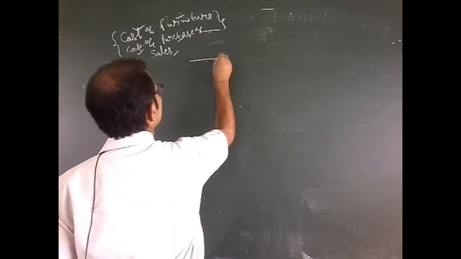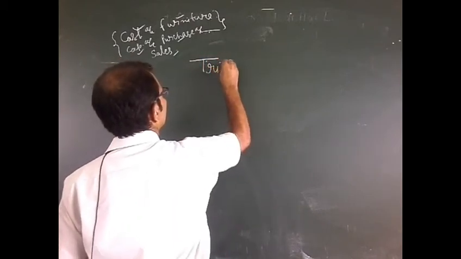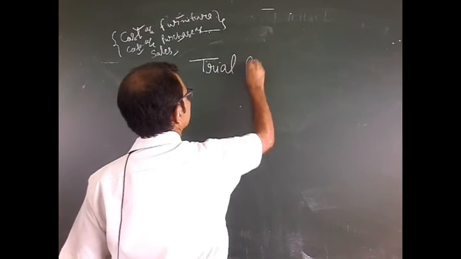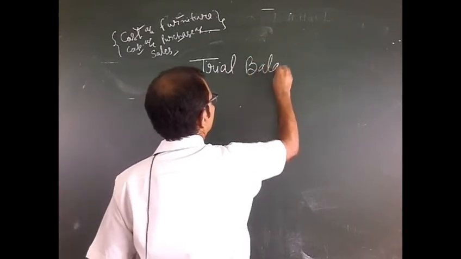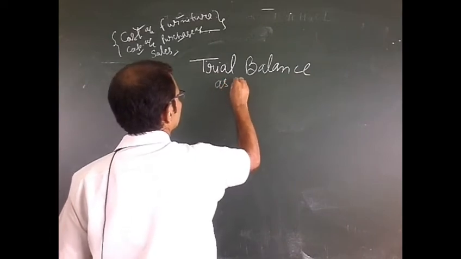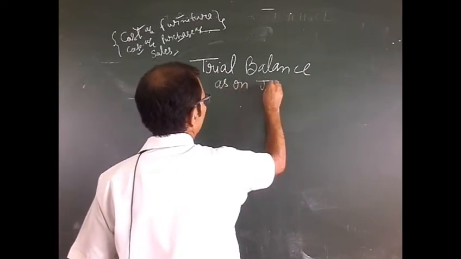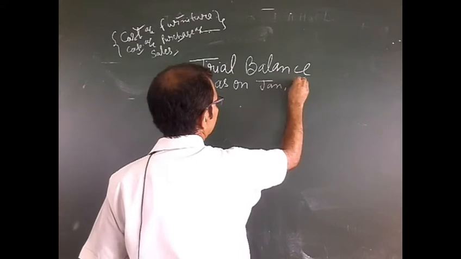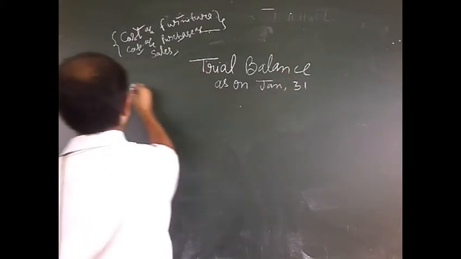we will write here trial balance. It will be prepared on the last date. So we will write here as on January 31st.